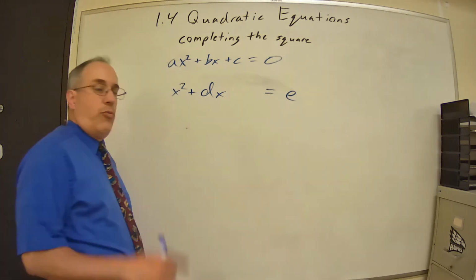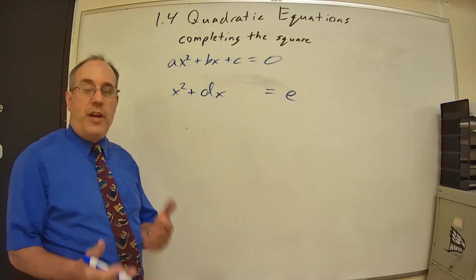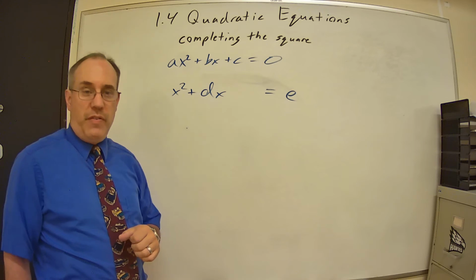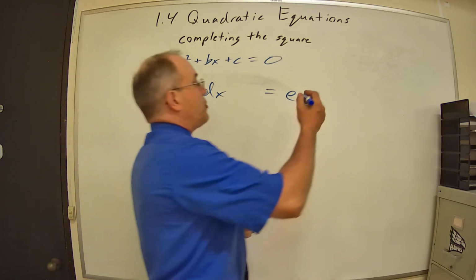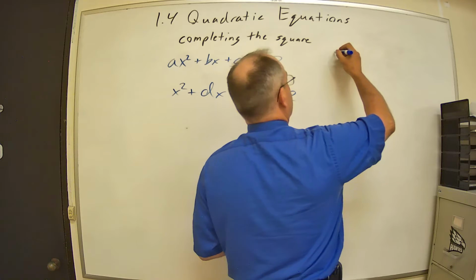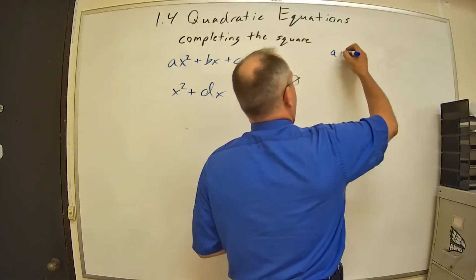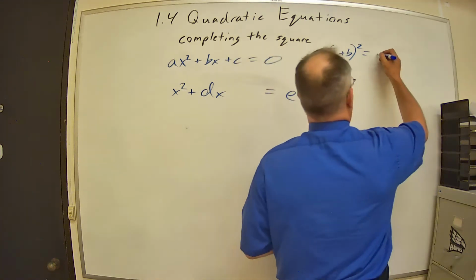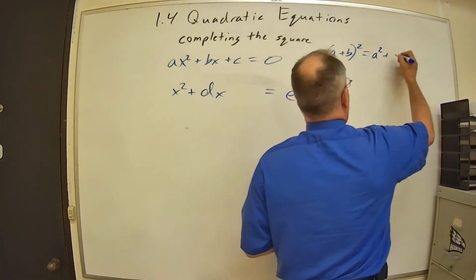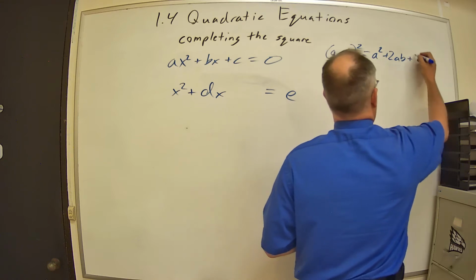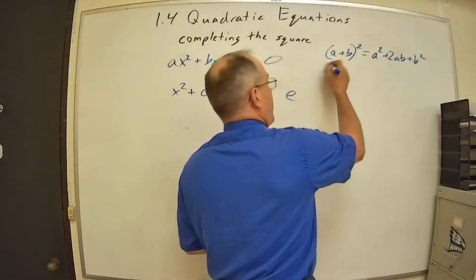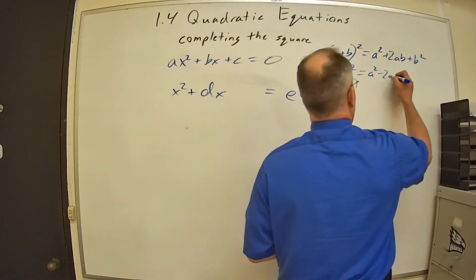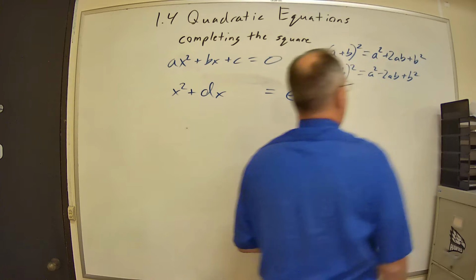So why do we do this? Well, there are a couple special products that are going to help us out in being able to factor this. And those special products are a plus b squared is equal to a squared plus 2ab plus b squared, and a minus b squared is equal to a squared minus 2ab plus b squared.